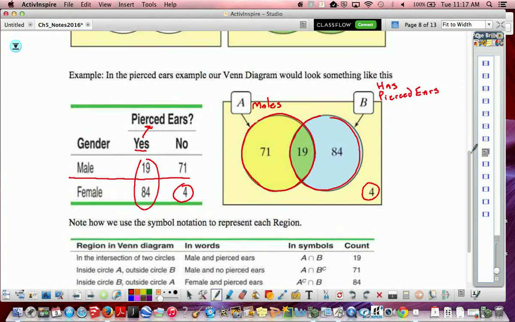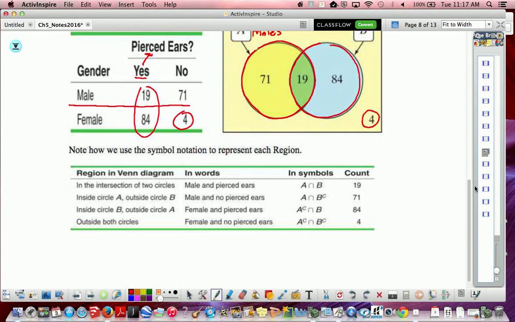So what happens is, we'll have all sorts of different symbol notations to help us in identifying where these particular numbers go. Okay? So, for instance, here it says, I'll try to color code this a little bit, the intersection of the two circles. So that's this number right here, 19.